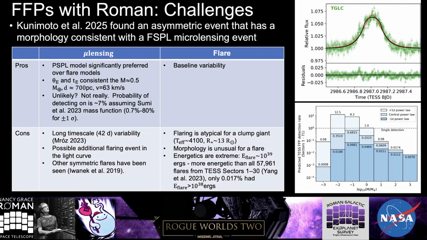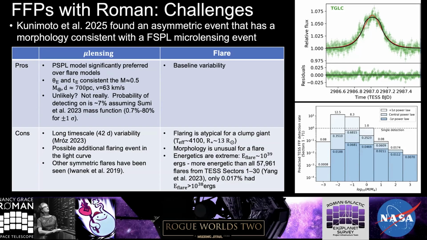It is very well fit by a PSPL event. It is much more well fit by a PSPL event than any kind of flare event. It has theta E and tE inferred that are consistent with what you'd expect, a half Earth mass planet at 700 parsecs, moving at a reasonable velocity.